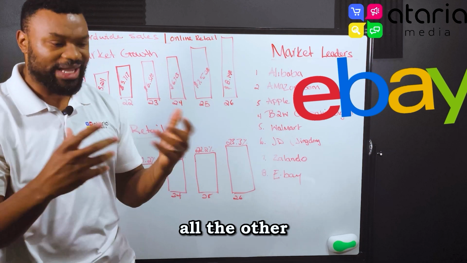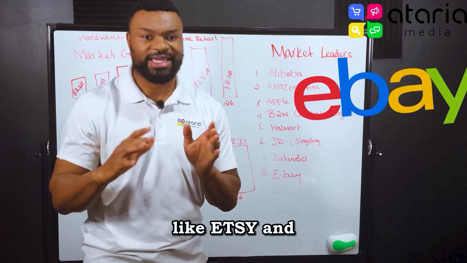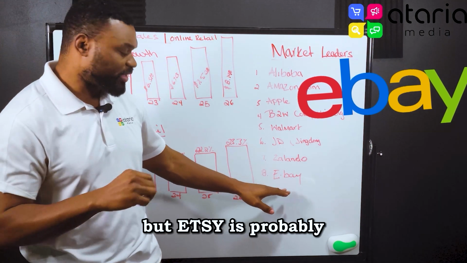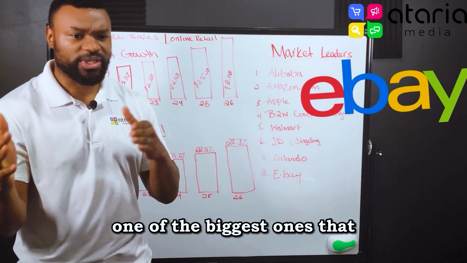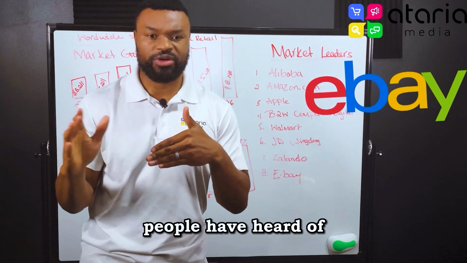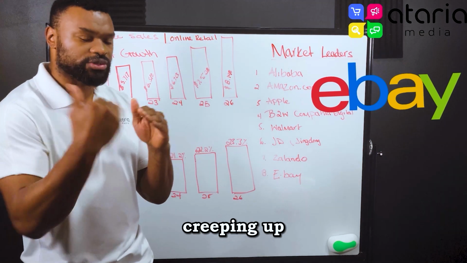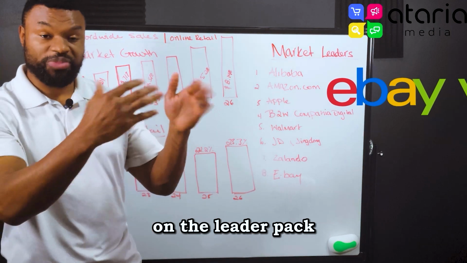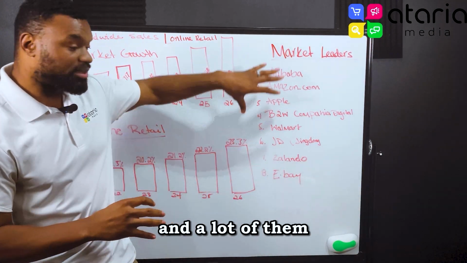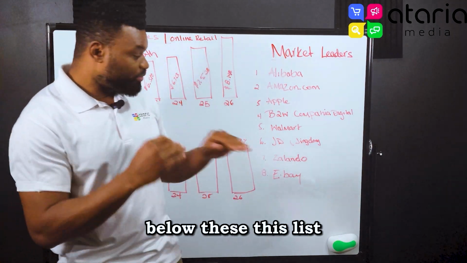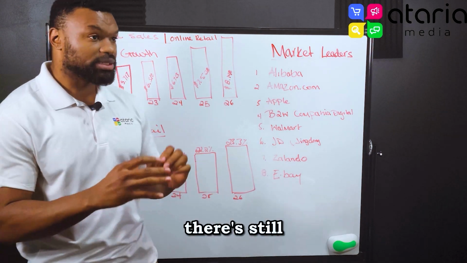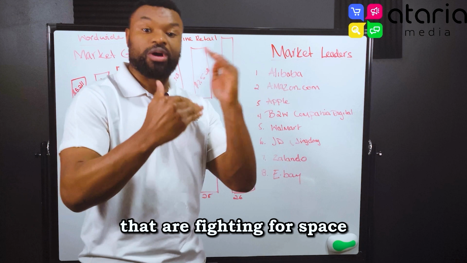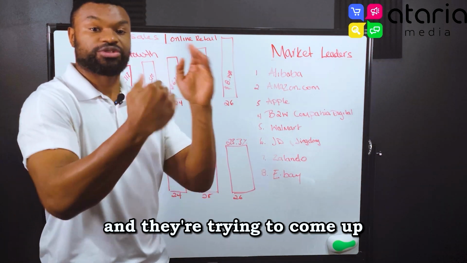Then you have all the other specialty marketplaces like Etsy, and I'm trying to remember the names of all the specialty marketplaces, but Etsy is probably one of the biggest ones that, at least in the US, people have heard of. Those are also creeping up. They're really working hard to try to be in the leader pack. So these are some of the leaders, but below this list, there are still other smaller marketplaces that are fighting for space and trying to come up.